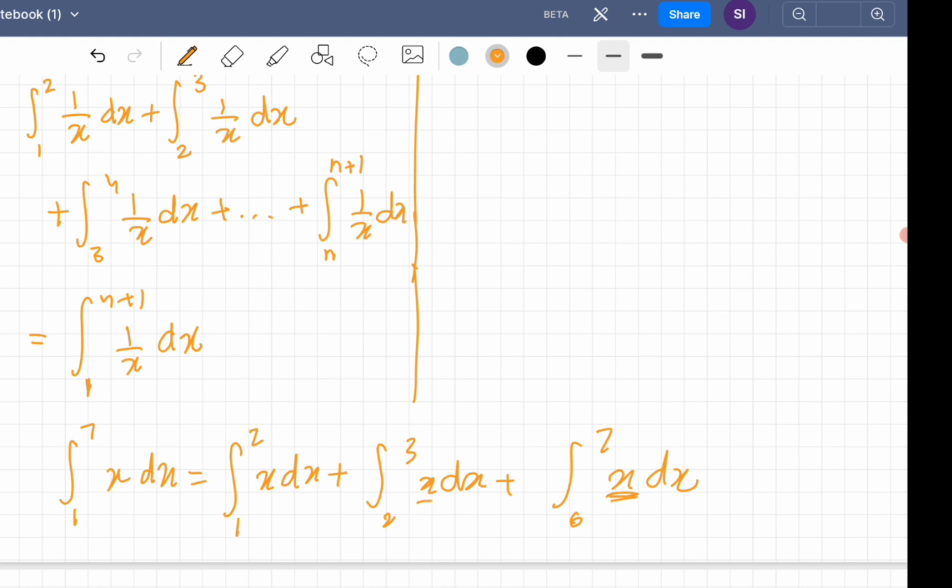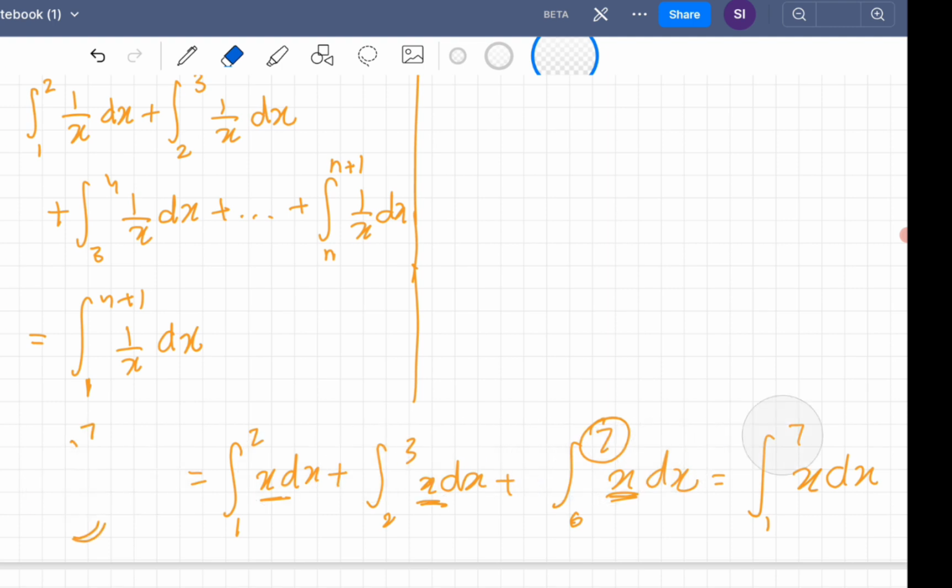That's because we're integrating that same function. So we can just let it be equal to the integral from 1 to 7 of x dx. And that's exactly what we did up at the top. So I'm just going to erase this.